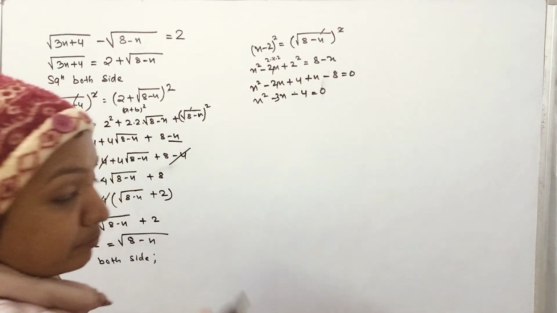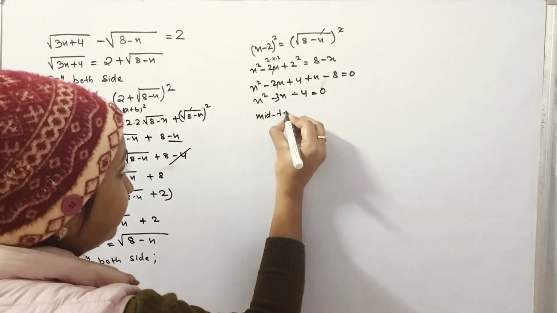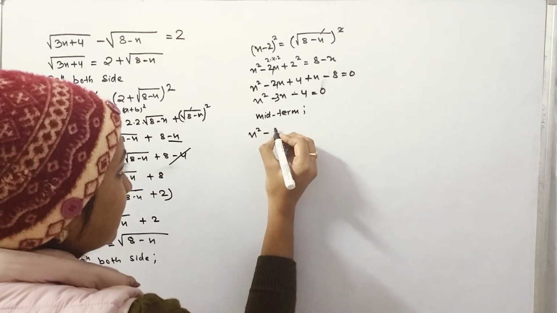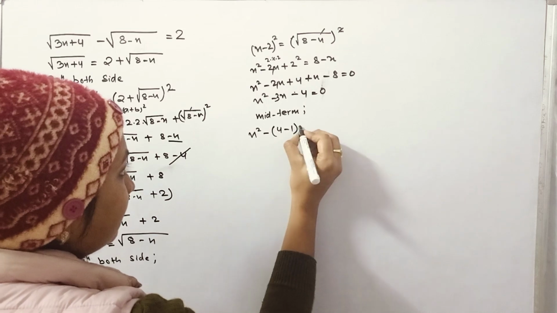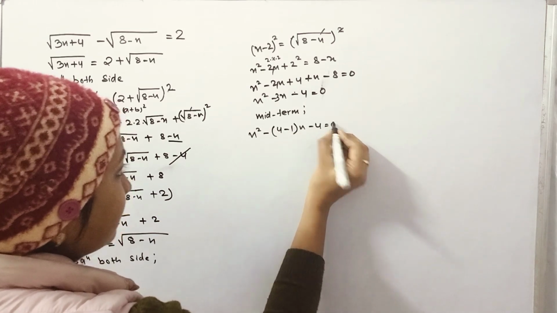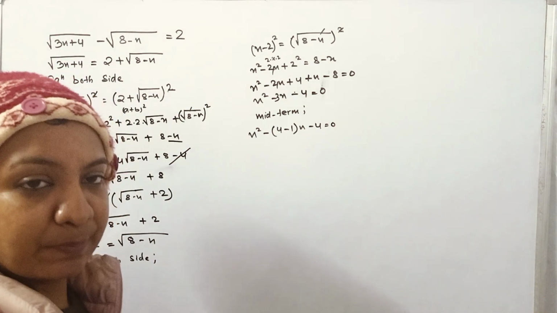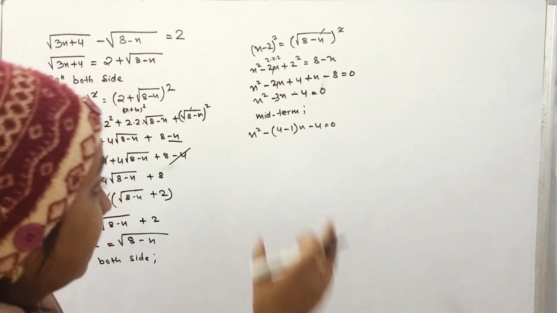Now we will use middle term splitting. Using middle term, we get x square minus 4x plus x minus 4 is equals to 0. If anyone has confusion regarding middle term, then let me know in the comment section. I will make a separate video regarding it so that you can easily understand how we take this out.